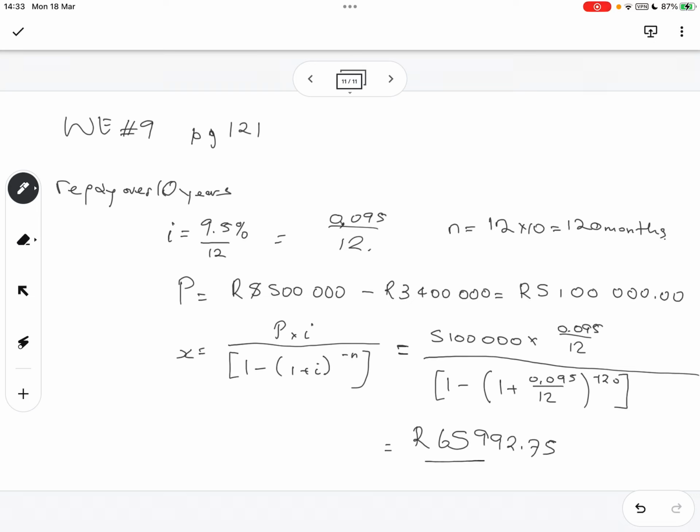So Risto has to pay 65,992 rands and 75 cents every month for the next 10 years to repay his loan. So that means he has to make sure that at the very least the spinach product output should give him at least 70,000 rands, just so he can pay back the loan.